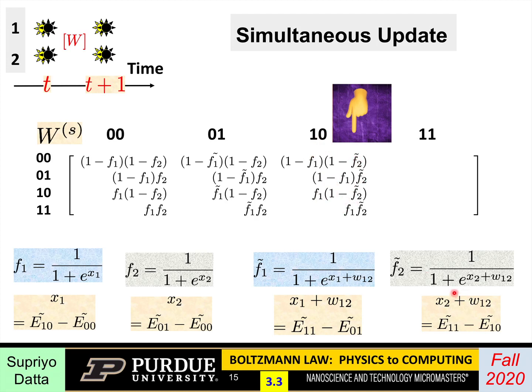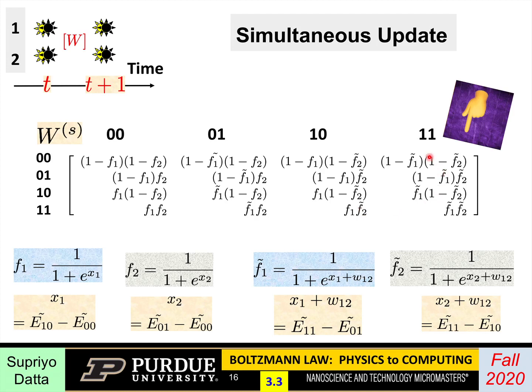So the 2 now corresponds to something that has the interaction energy in it. And finally 1, 1, where they both have the tilde on it. Okay? So that is the W matrix that would correspond to simultaneously updating the neurons, both of them, right?